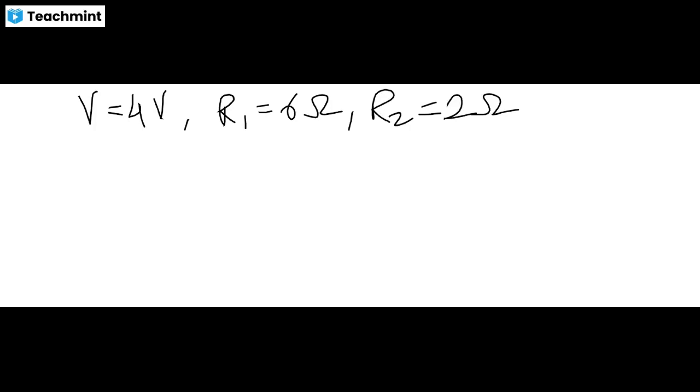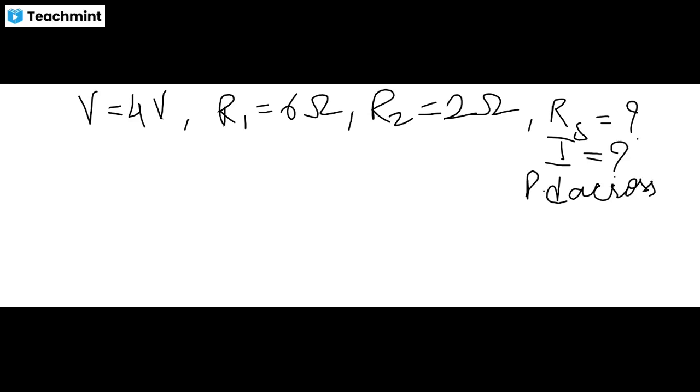Then you should calculate the equivalent resistance and current in the circuit, and also the potential difference across the 6 ohm resistance.